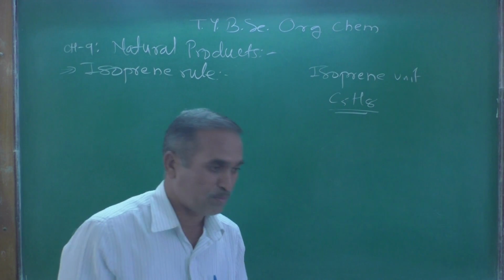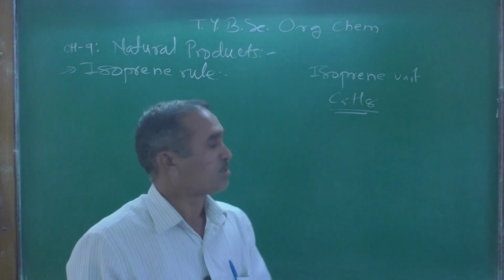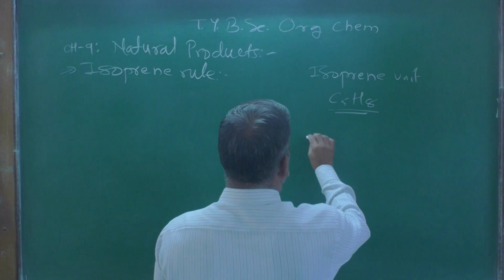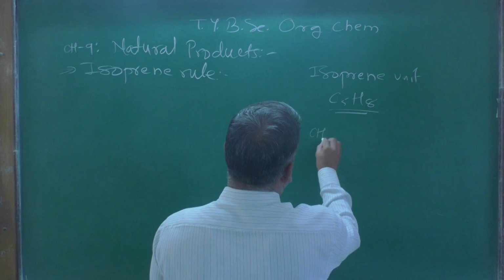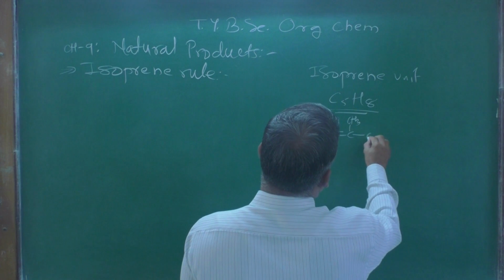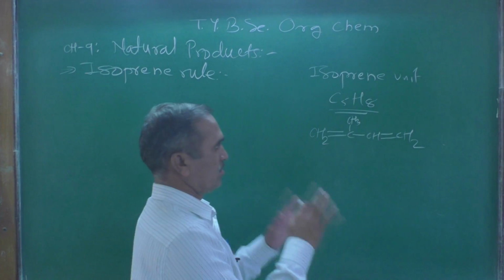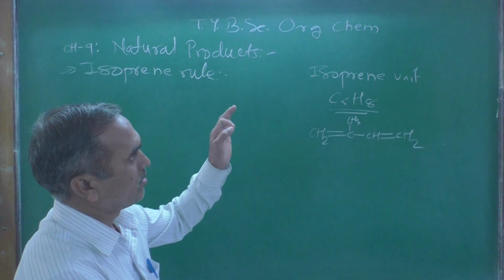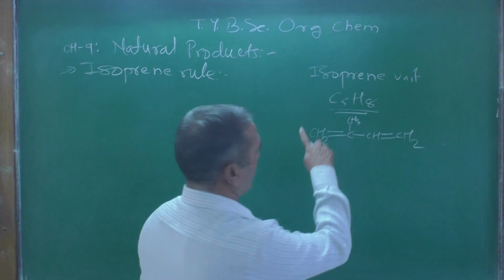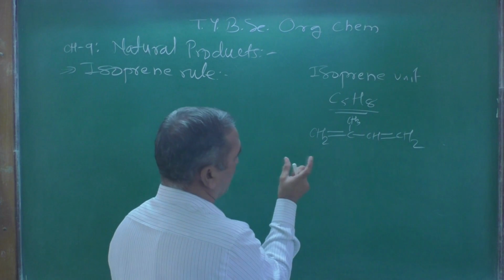We have seen the structure of that isoprene unit: CH2 double bond, then CH3, then CH double bond CH2. This is the structural formula of the isoprene unit.